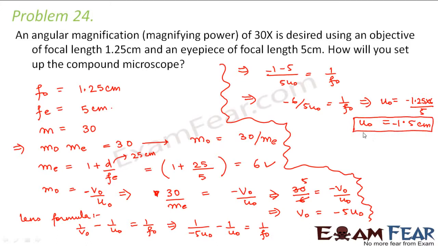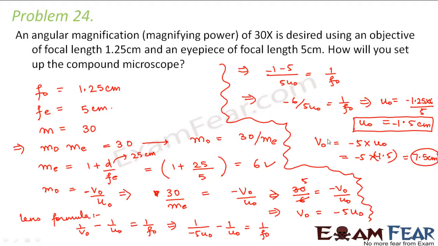So the object should be placed at a distance of 1.5 centimeters from the objective. And where will the image formed by the objective be? It will be minus 5 into UO, which is equal to minus 5 into minus 1.5, which is 7.5 centimeters.